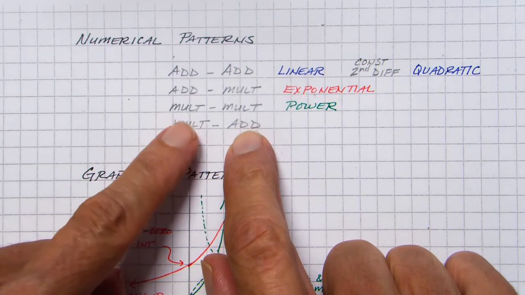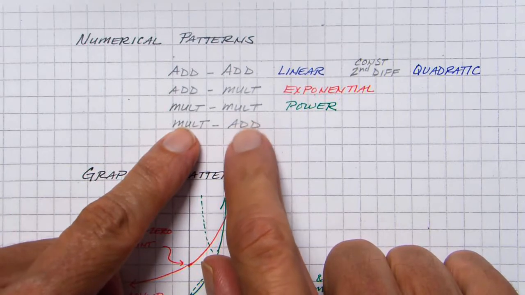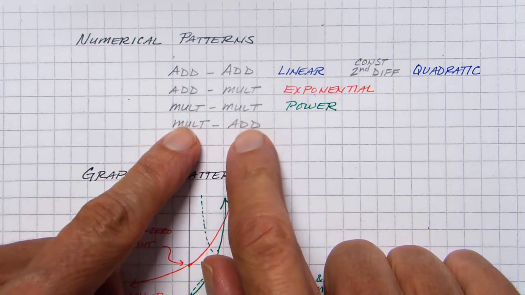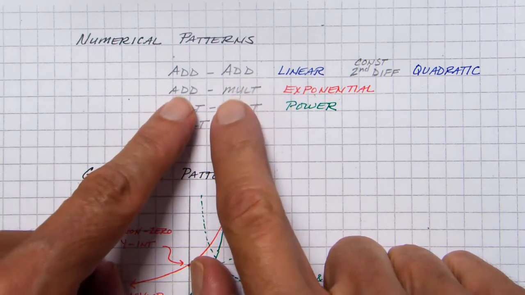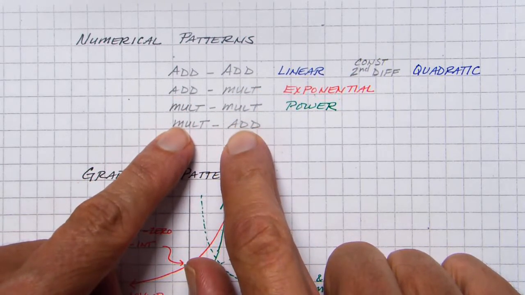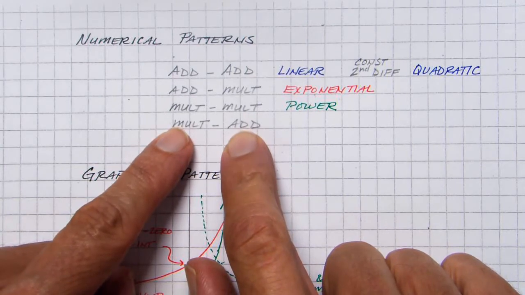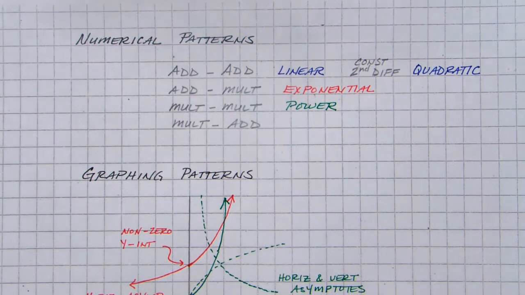What happens if the x's are going up in multiples or dividing, and meanwhile the y's are adding or subtracting? What kind of function would that be? Now some might realize, well, wait a minute, you're just taking add multiply and you're inversing it, flipping it around, so it would just be the inverse of the exponential. And that's kind of right, actually, but more on that in a moment.